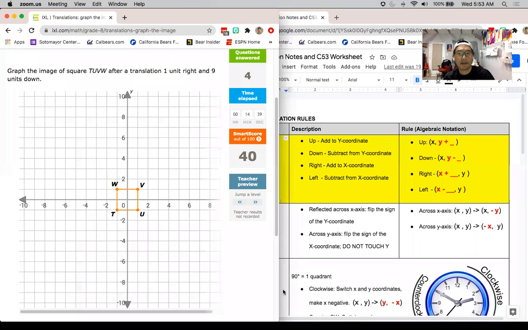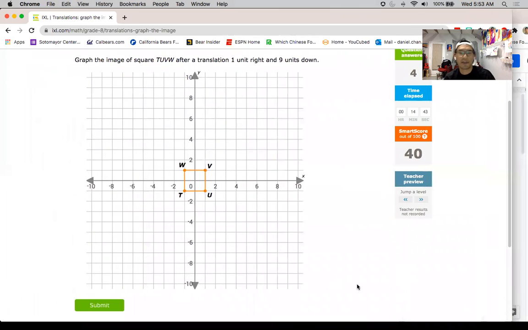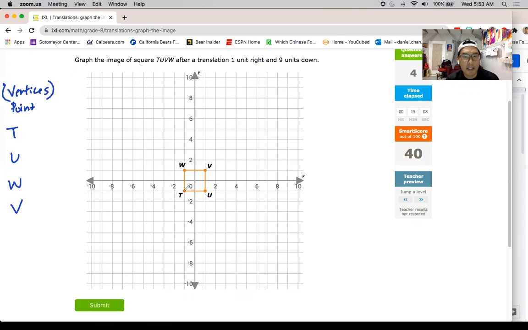I'll actually hide my notes, but I'll write onto the screen exactly what you should put in your notebook to be successful here. So here we go. Point. Each corner of these points is also known as a vertex. But we've got T, U, W, V, and T is at -1, -1.